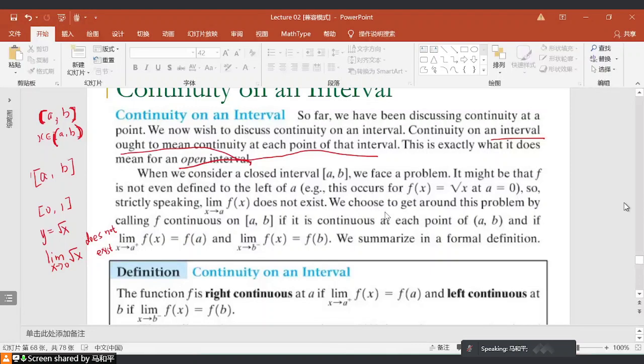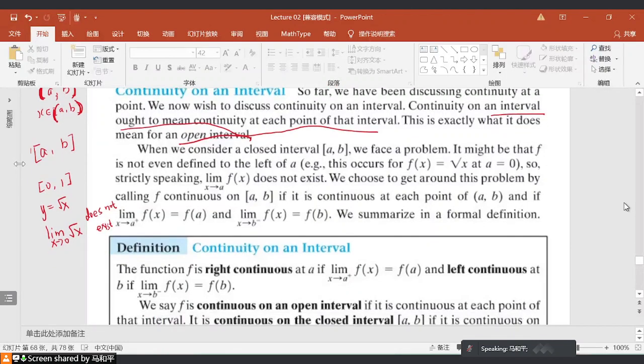Okay, we choose to get around this problem by calling f continuous on a closed interval [a,b] if it's continuous at each point of (a,b), meaning continuous on the open interval, and as x approaches a from the right, we just consider the right-hand limit.